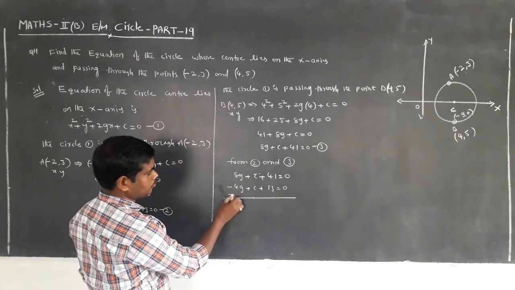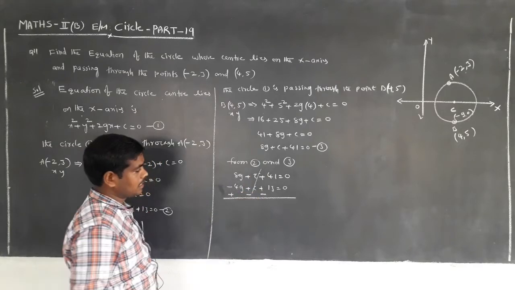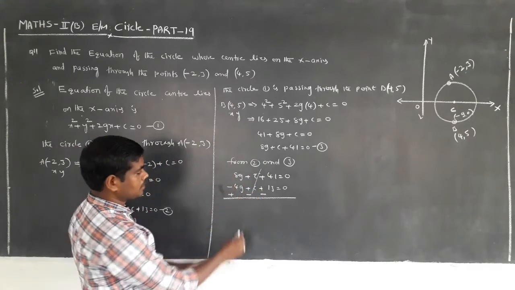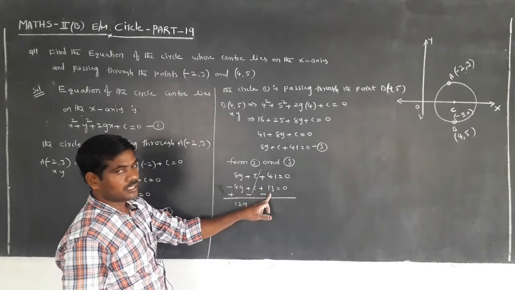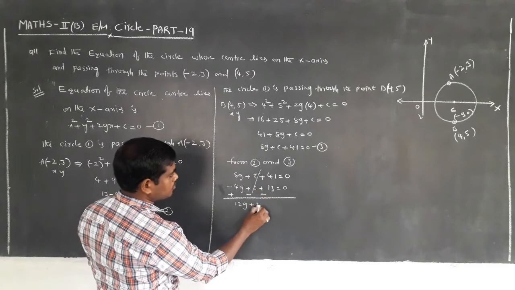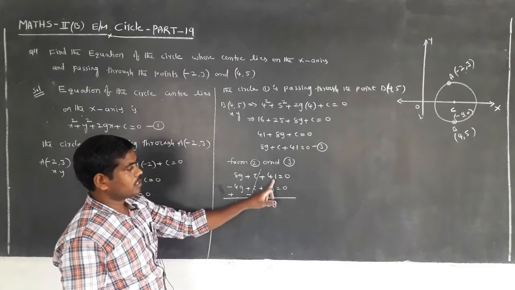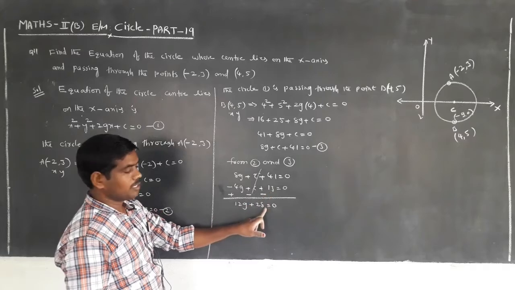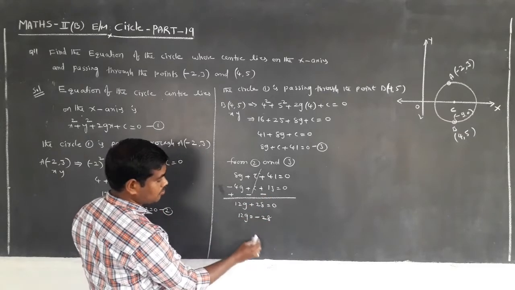Subtracting, the c terms cancel. 8g plus 4g is 12g, and 41 minus 13 is 28. So 12g is equal to minus 28.